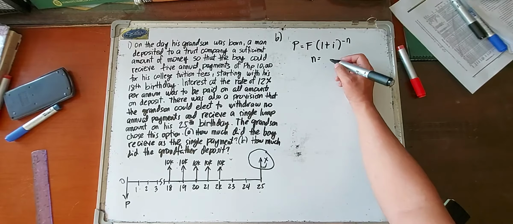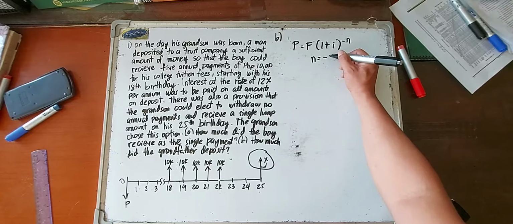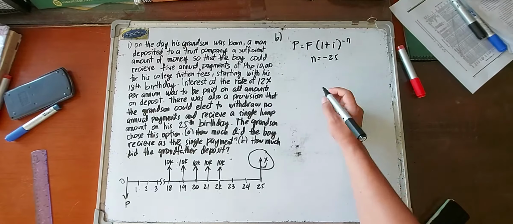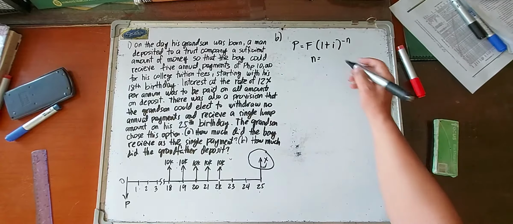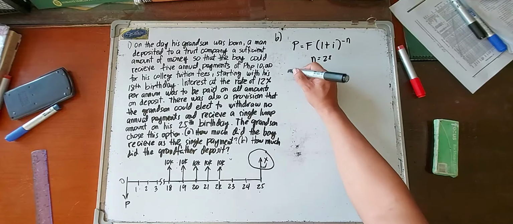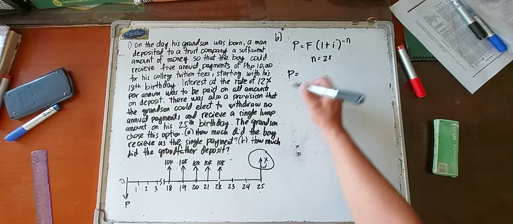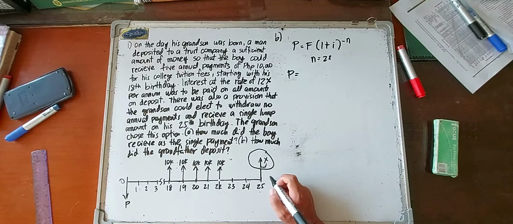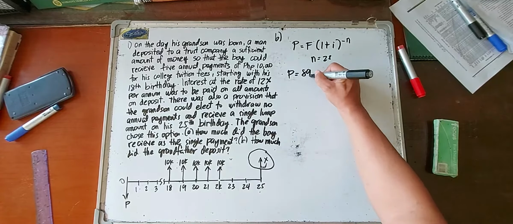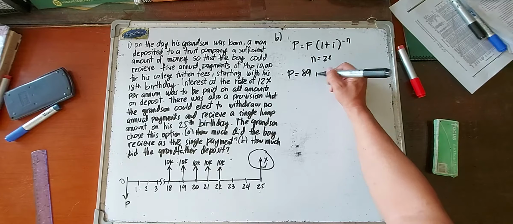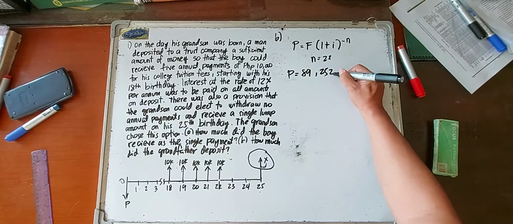So N is 25, or negative 25. So P is equal to X, the amount po yun, na-erase ko na, 89,252.